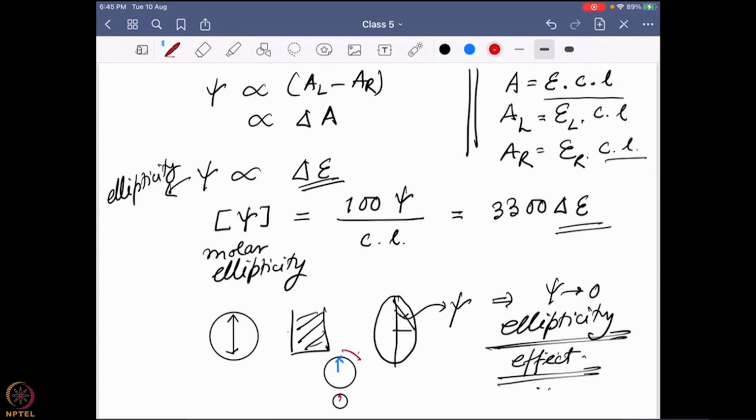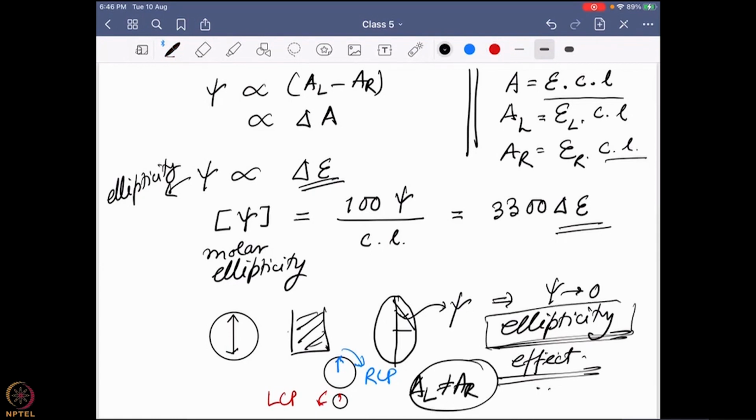Okay, so this is RCP, this is LCP, and over here we found that this AL and AR are not the same, and that is why we are ending up with this ellipticity.